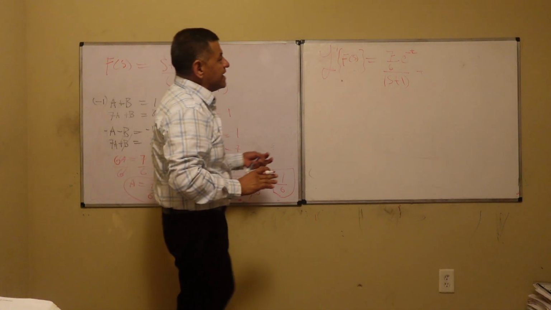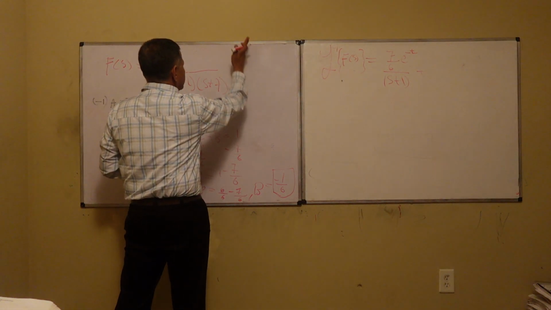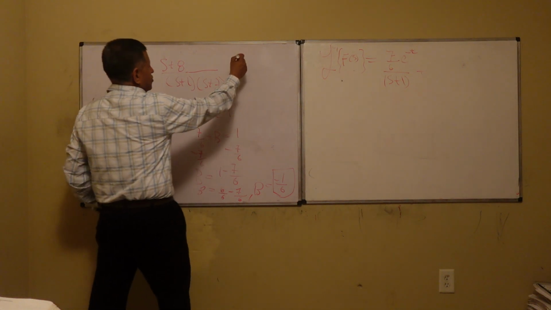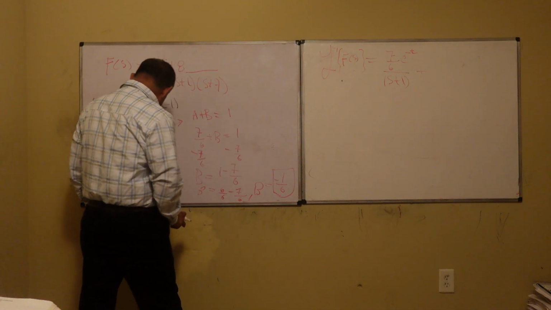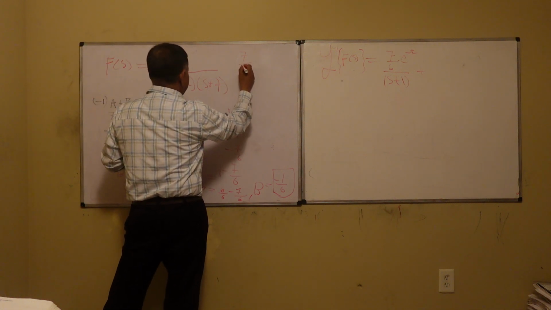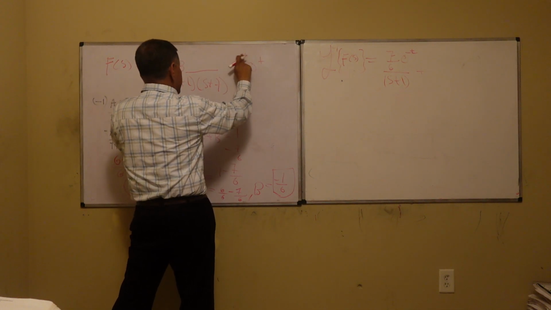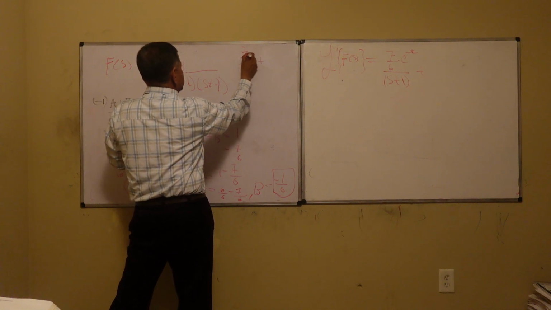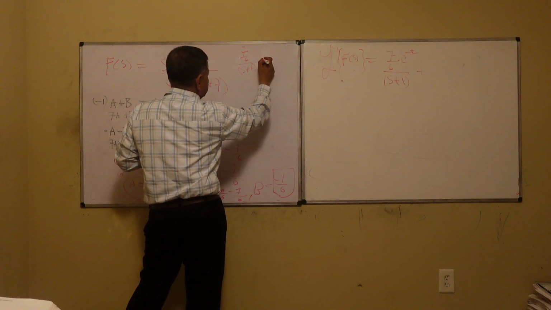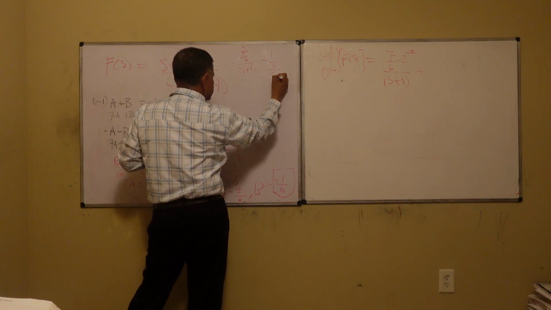Let me just go back, because I kind of skipped a step over here. Technically, this is A, this is B. So this is what is going on right here: 7 over 6 over S plus 1, plus negative 1/6 over S plus 7.